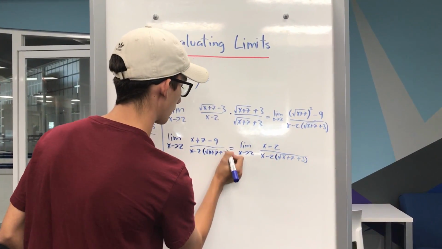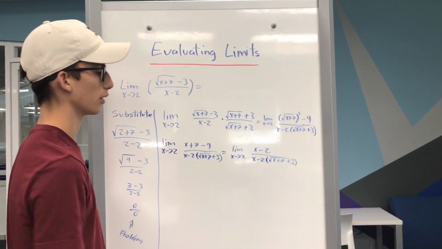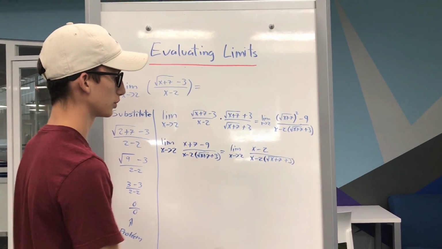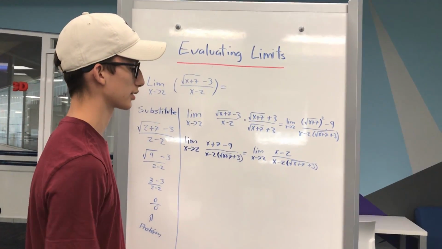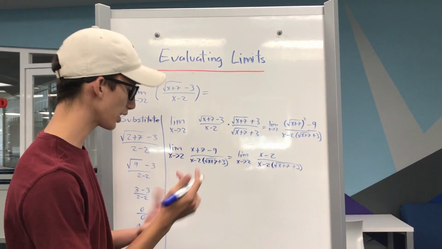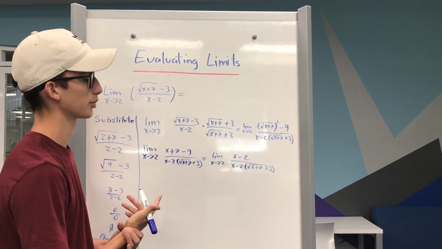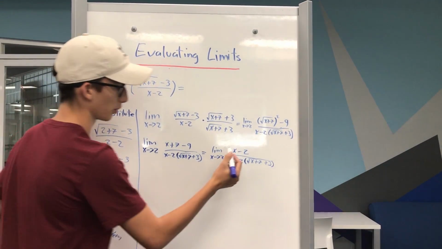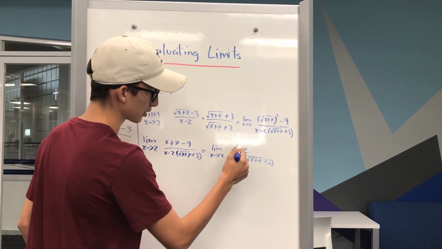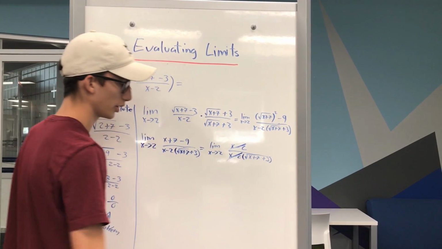Okay. We have the limit as x approaches 2 of x minus 2 over x minus 2 times the square root of x plus 7 plus 3. We're going to cancel out the x minus 2.